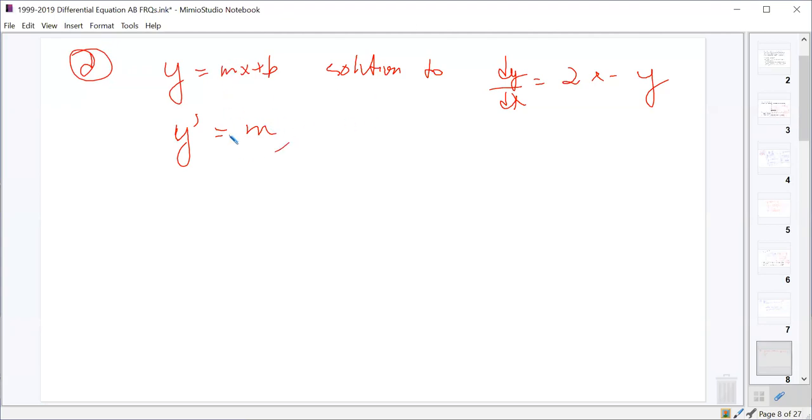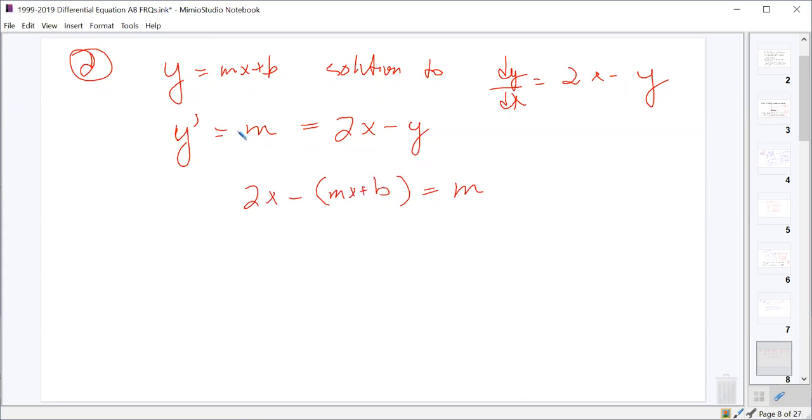And that is the slope of this line, and it should be equal to our derivative. So we should be able to say that m is equal to 2x minus y. So what we're going to do is take 2x minus y, and I'm going to replace the y with something here in just a second. 2x minus y is equal to m, and y is mx plus b.